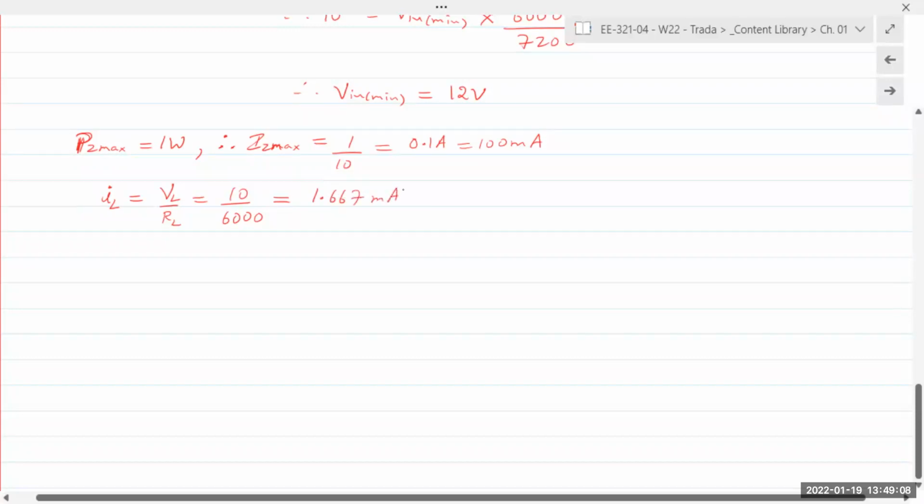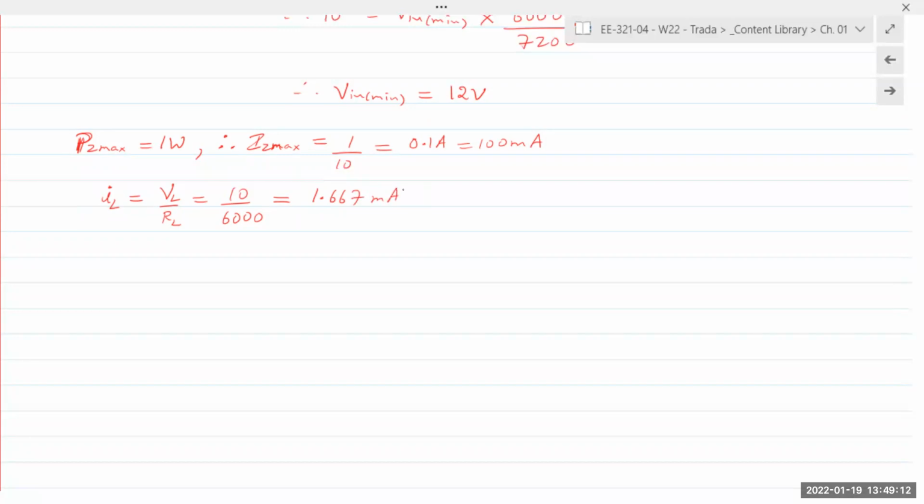So IL can never change. Remember what I said: IL should be fixed because load current has to be fixed. Anything excess has to go through the Zener diode, right? As the voltage from the input increases, the Zener diode conduction capacity increases, so it'll allow more current to pass through itself while keeping IL constant.